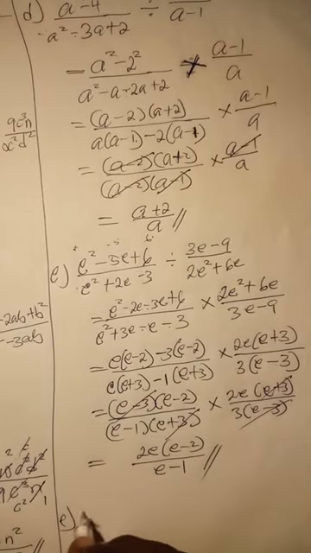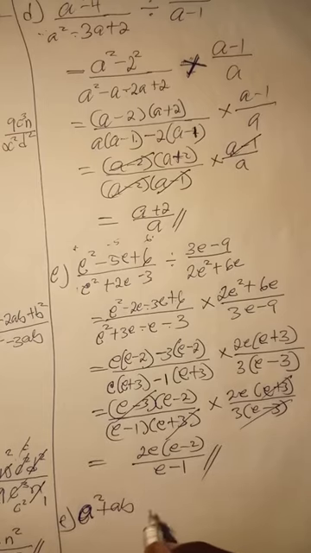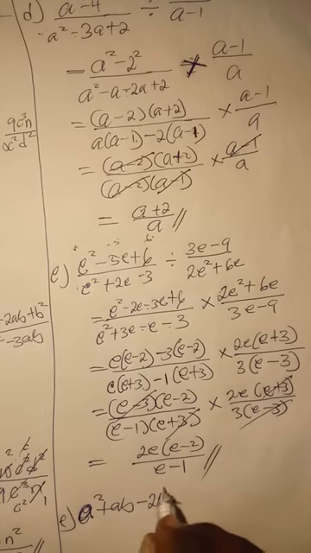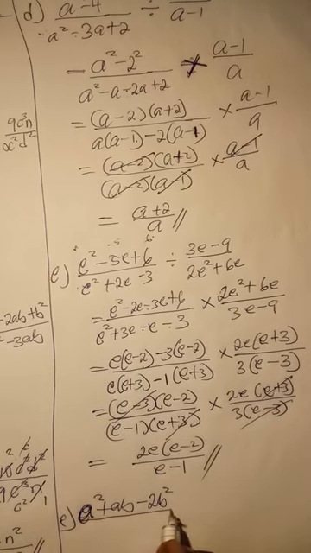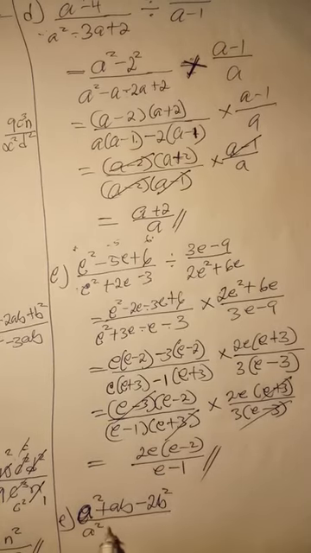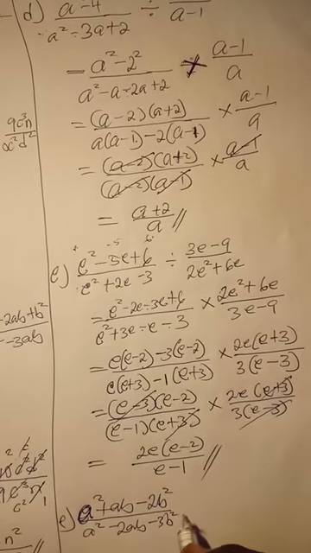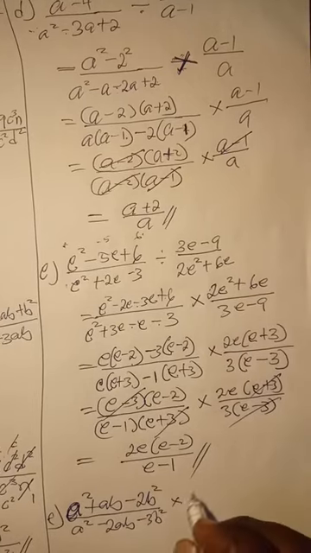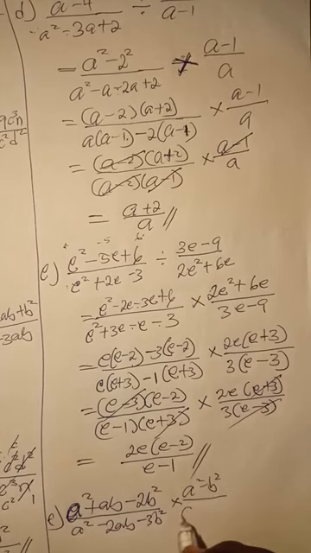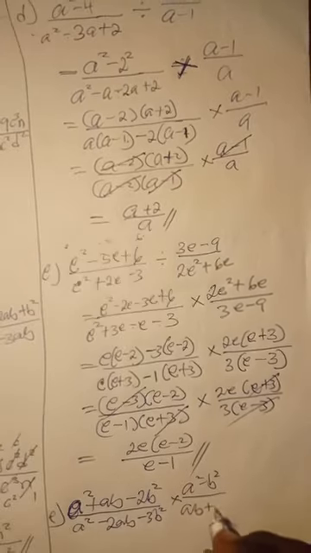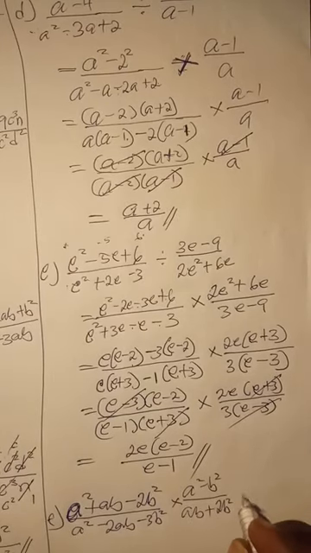We have a squared plus ab minus 2b squared over a squared minus 2ab minus 3b squared, right? Times a squared minus b squared over ab plus 2b squared, right?